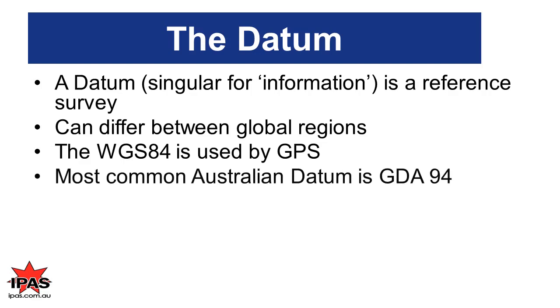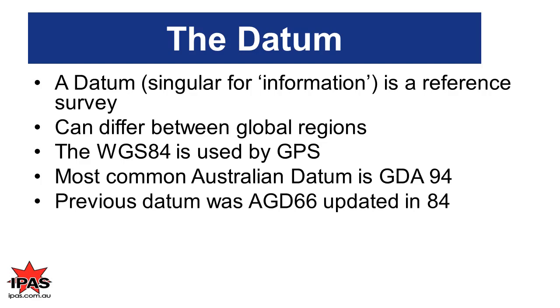In Australia, the Australian datum is GDA 94. If you're a surveyor and you want your survey to be accurate, you'll be using GDA 94, but for us, we're going to be using GPSs, so WGS 84 is fine for our sort of operations, unless of course you're a surveyor.